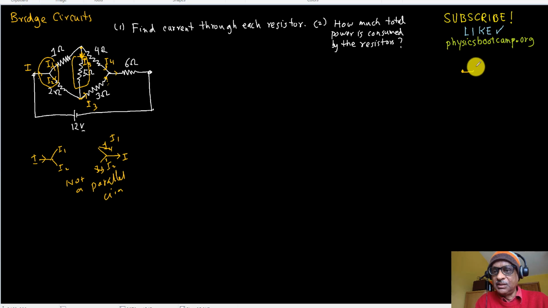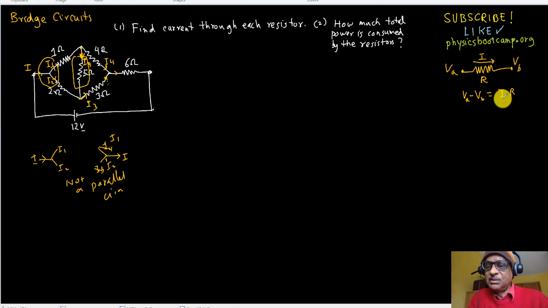If there is one end, let's call it A, and a B end, with potential VA on this side and VB on this side, and this is resistance R, then if VA is bigger than VB, the current will flow in that direction. So VA minus VB equals I times R. And if VB was bigger, then this will come out negative, meaning the direction is opposite. So that's one law, Ohm's law.